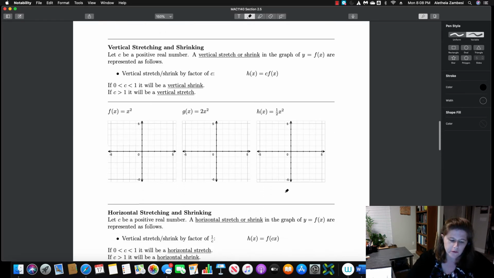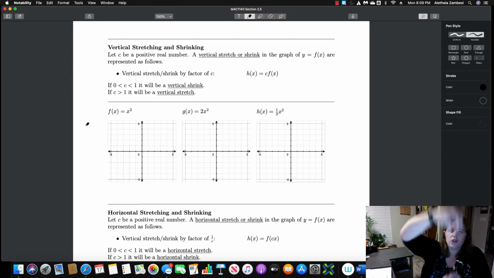We have stretching and shrinking vertically and horizontally. So let's talk about vertically first. Vertical stretching and shrinking is when we are multiplying our entire function by a multiple. If we are taking a function and multiplying it by a number greater than 1, then we're making that function taller.